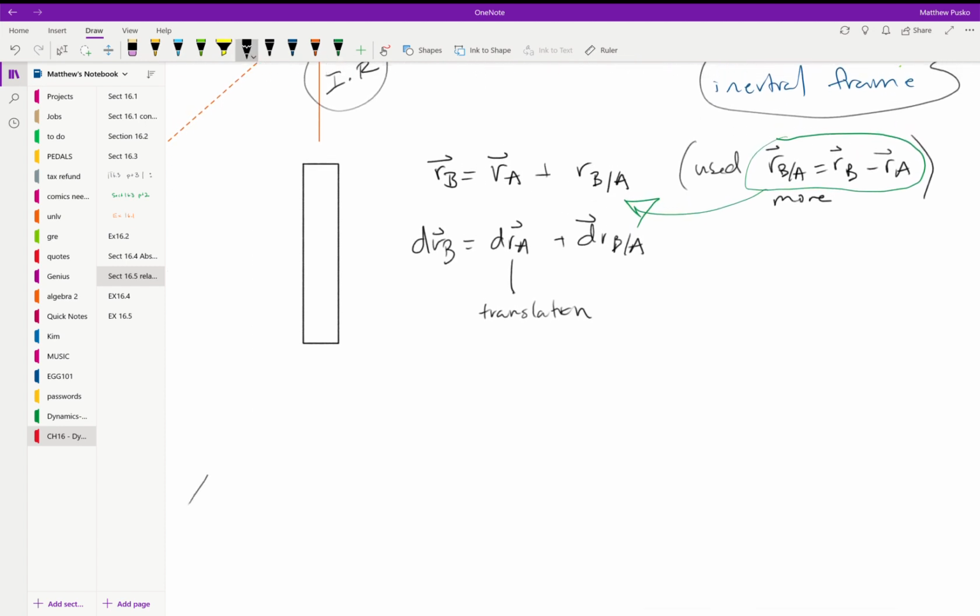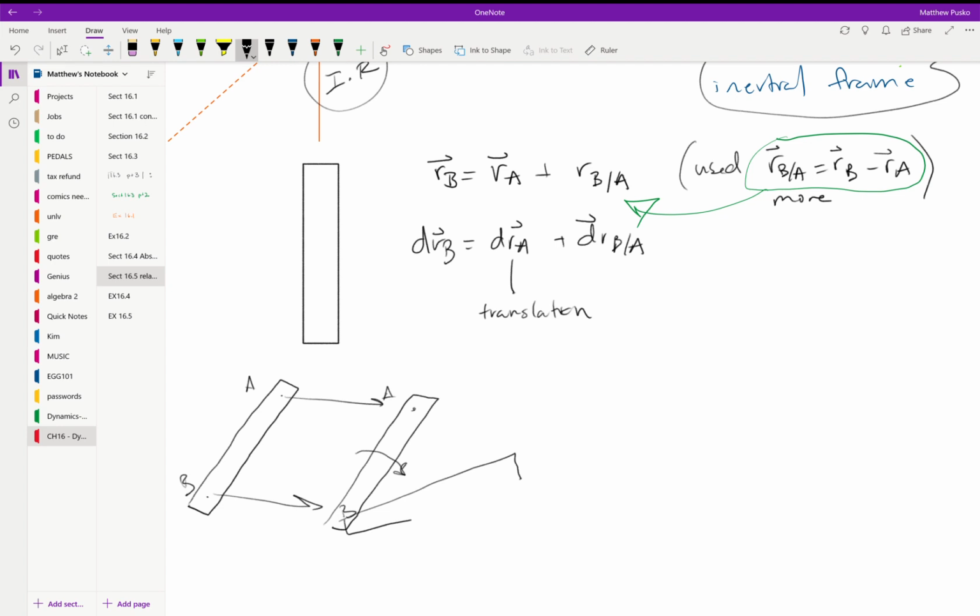Let's say I want this beam to first translate over like this. So here's our A, here's our B. So everything translated over, and then I want this to rotate through like so. So this is our final position.